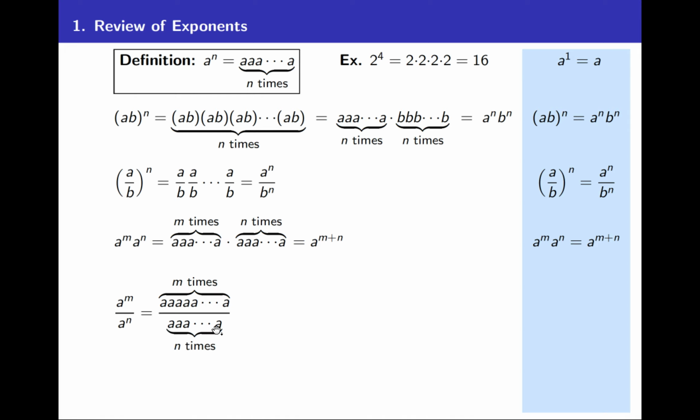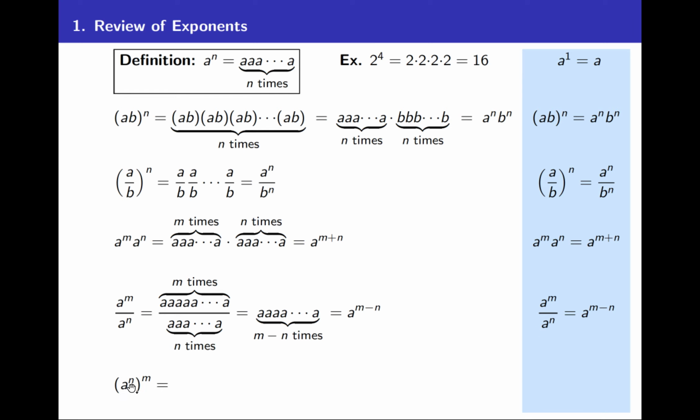So these n a's on the bottom would cancel out n of the m a's on the top, and that would leave you with a times itself m minus n times. And we get an answer of a to the power of m minus n. So a to the m divided by a to the n is a to the power of m minus n. That's our next property.